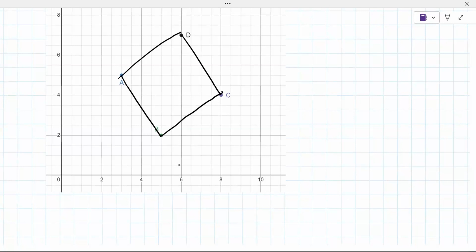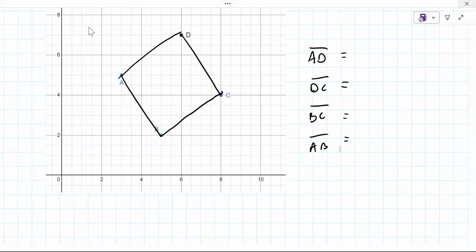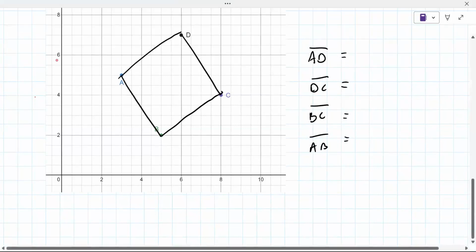So you have to find the distance from A to D, B to C, and A to B. Did you find all four distances? I didn't hear you if you said anything.